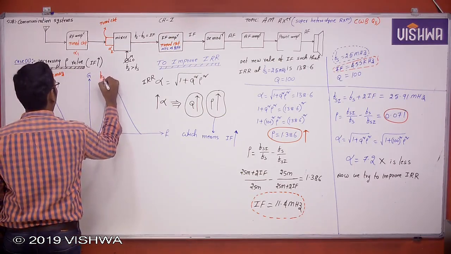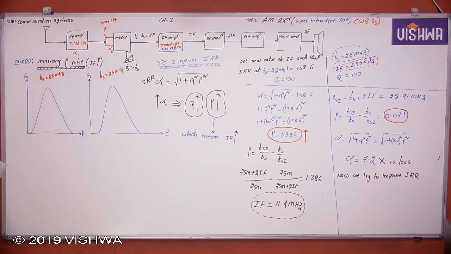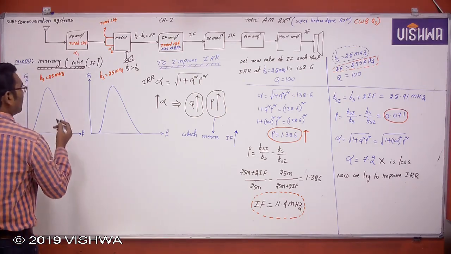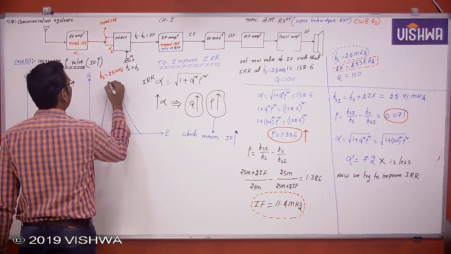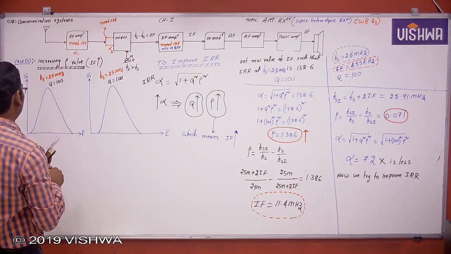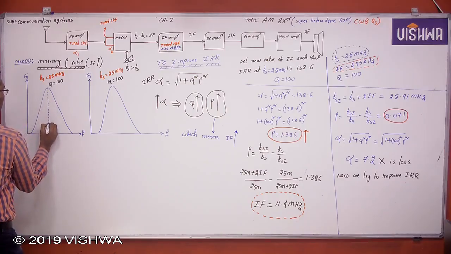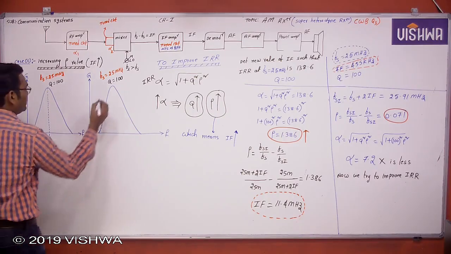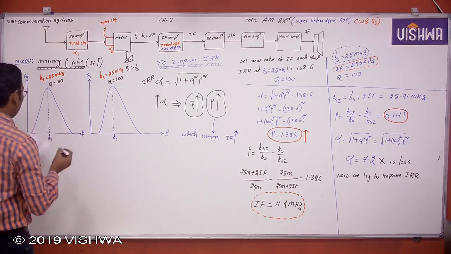What about here? Here is also 25 megahertz. What is the quality factor here? 100. What about the quality factor here? 100. Now this is Fs. Now see here.